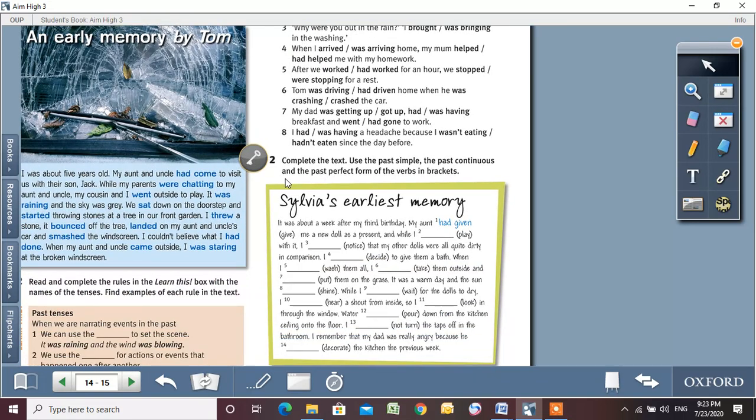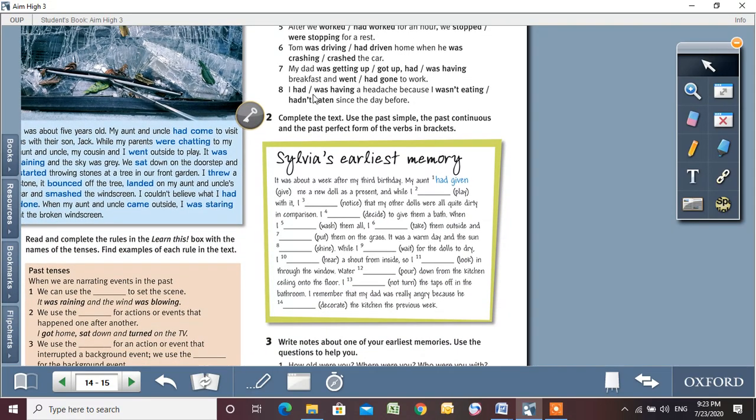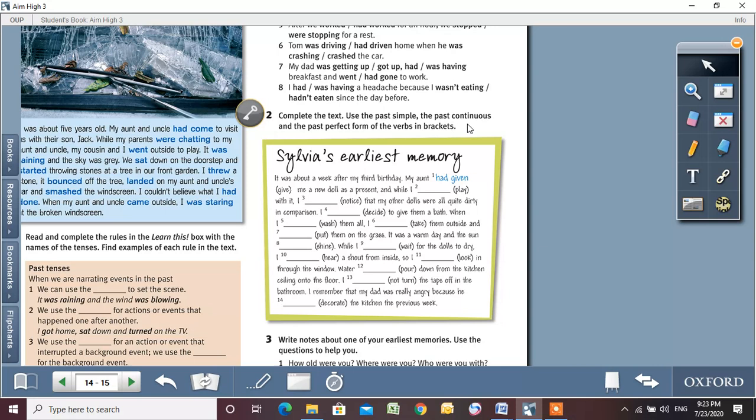Exercise 2. Complete the text. Use the past simple, the past continuous, and the past perfect form of the verbs in brackets. Sylvia's earliest memory. It was about a week after my 3rd birthday.